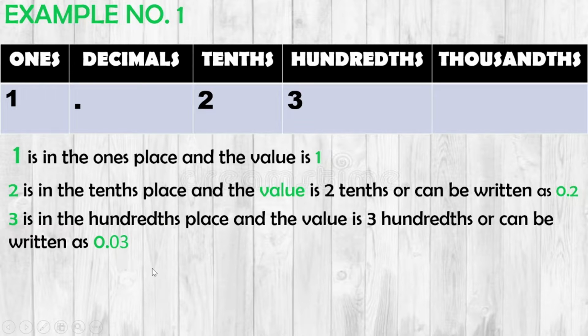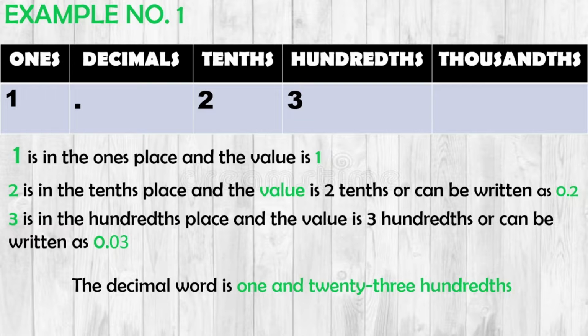That is how we write 0.03. So, the decimal word is 1 and 23 hundredths.